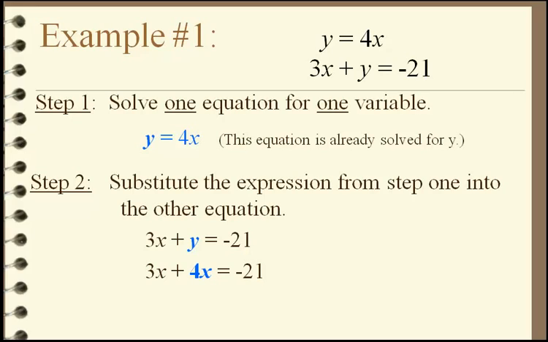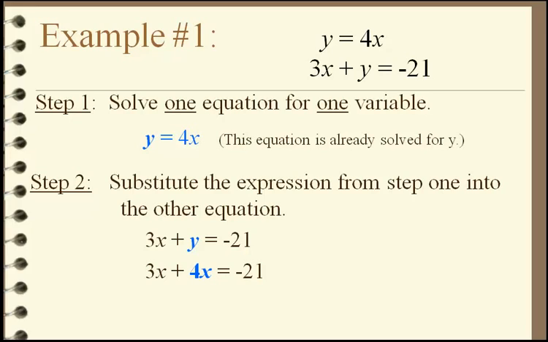Yes. So where you see a y, you will be substituting in what y equals. It equals 4x. Pay attention to the blue variable on the first equation, 3x plus y equals negative 21, and then in place of that y we are going to put in the 4x.